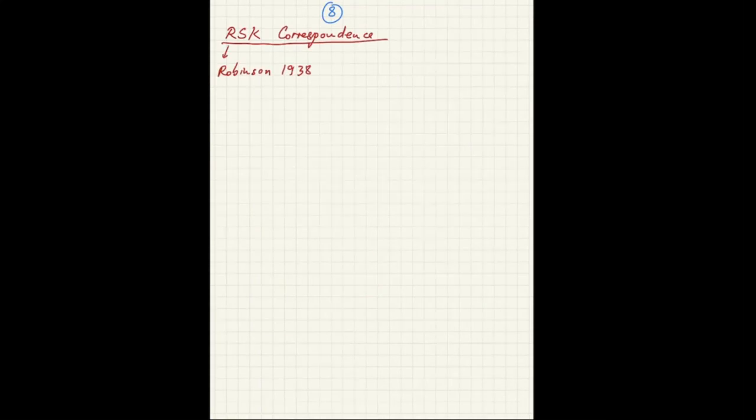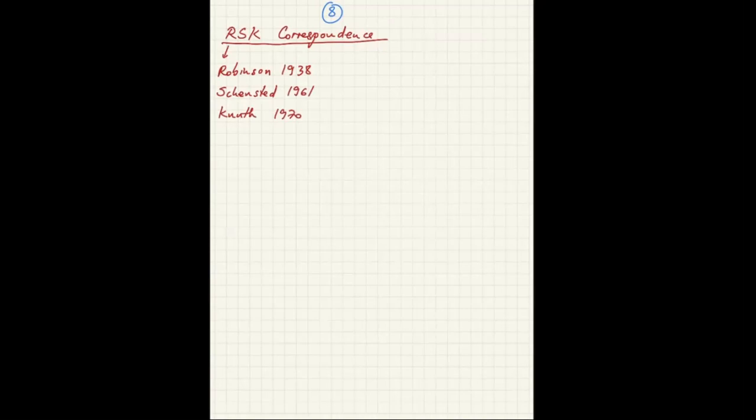S stands for Schensted, who studied this problem independently by combinatorial means in 1961. And K stands for Donald Knuth, who also investigated this problem in the 1970s.